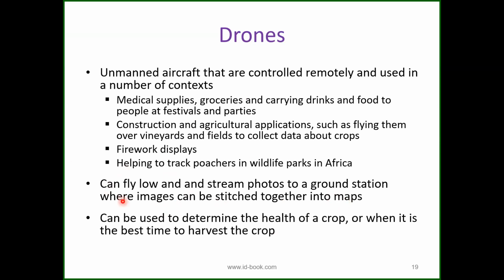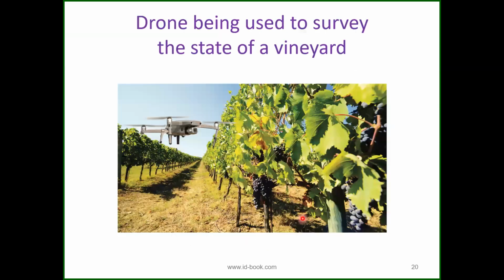So this is one of the interesting jobs that drones do. They can be used to determine the health of the crop or the best time to harvest it. For example, you see the drone can go very near to the farm tree or vine tree and see whether the crop is ready to harvest or not.